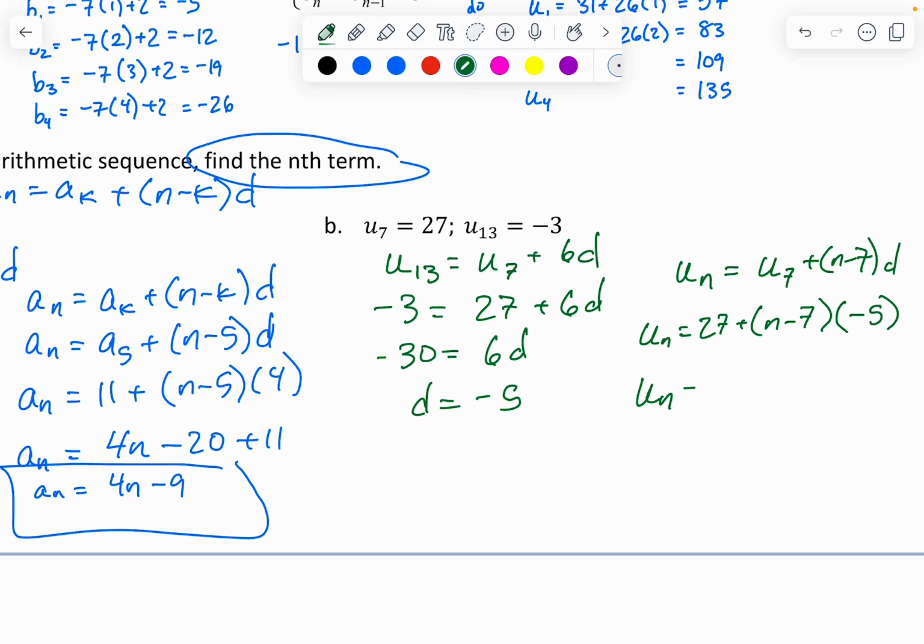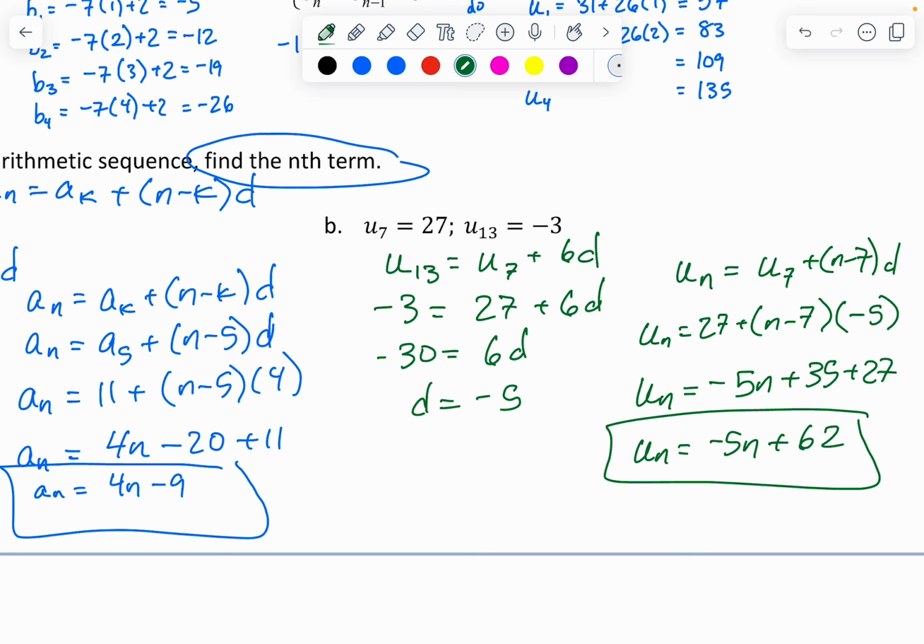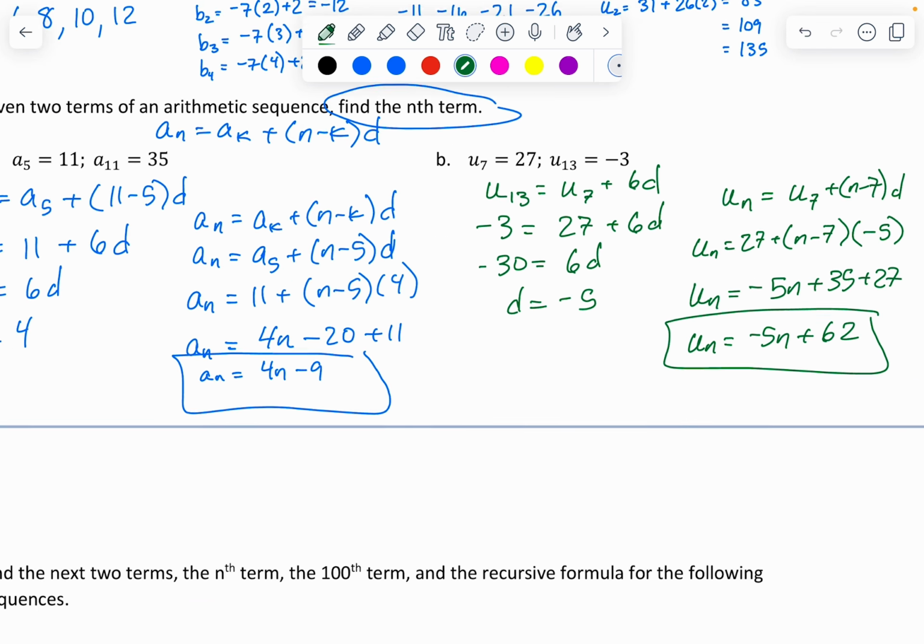Okay, so u sub n equals negative 5n and a positive 35 and a positive 27. When I add those together, I see negative 5n plus 62. And there's my formula. There is my nth term, and it's kind of the formula to the sequence.